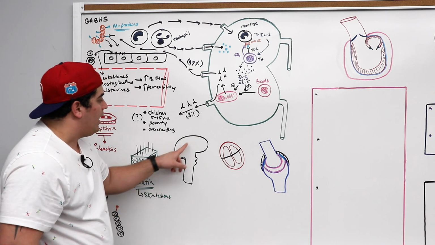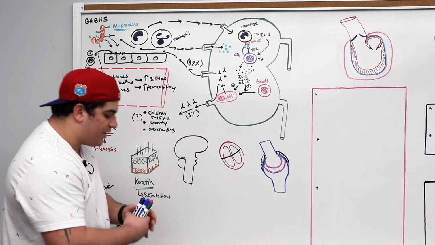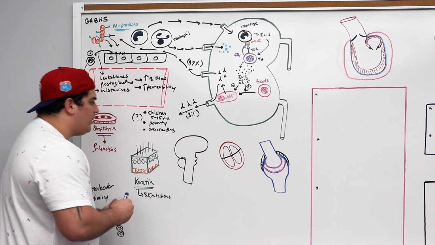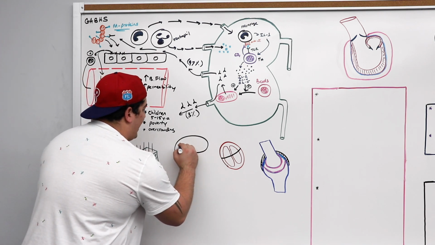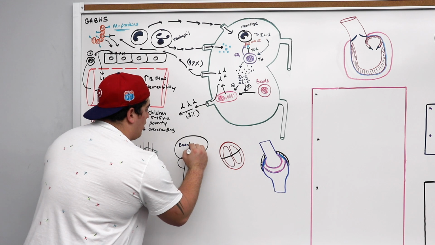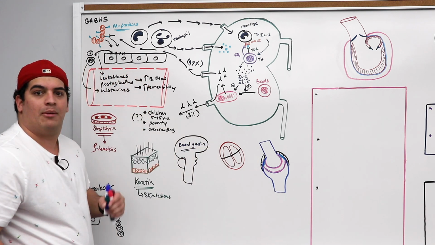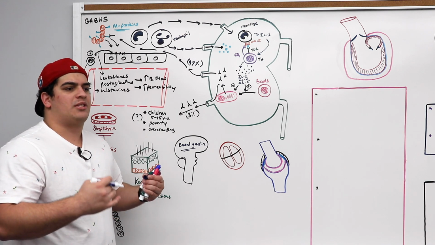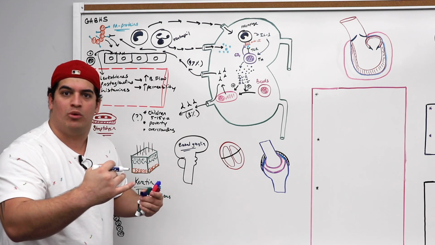The next thing is it can target proteins inside of our central nervous system. There are these really important structures within our central nervous system called the basal ganglia. They're really important for coordinating movements, specifically preventing overshooting and undershooting of the motor movement, dampening the motor movements.